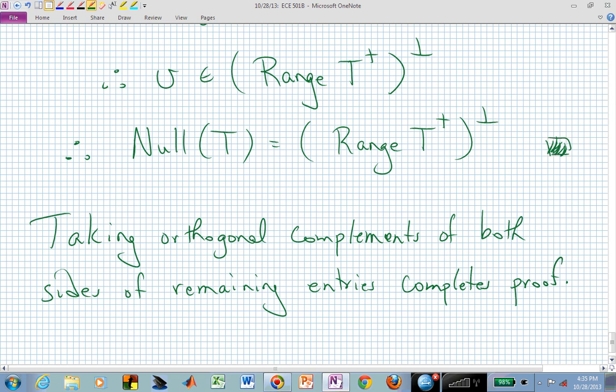If we take the orthogonal complements of both sides of the remaining entries, that basically completes the proof, because that'll give us back what we've just now shown.